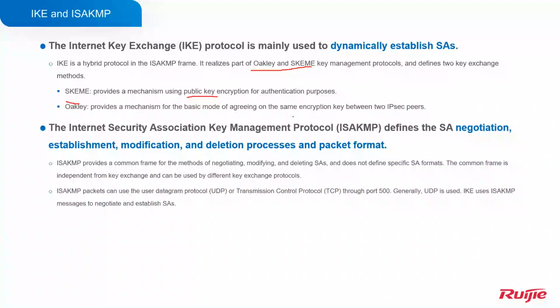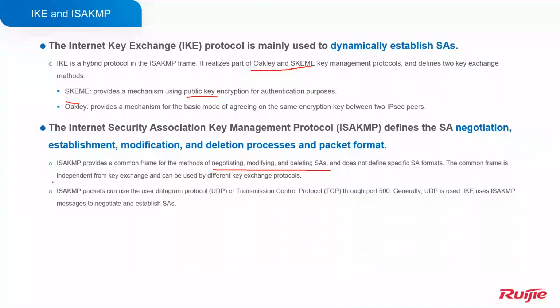So all these functions belong to ISAKMP. And the detail is we can provide negotiation, modify, and delete of the SA, and we don't need to define the SA format. So this is a basic one.